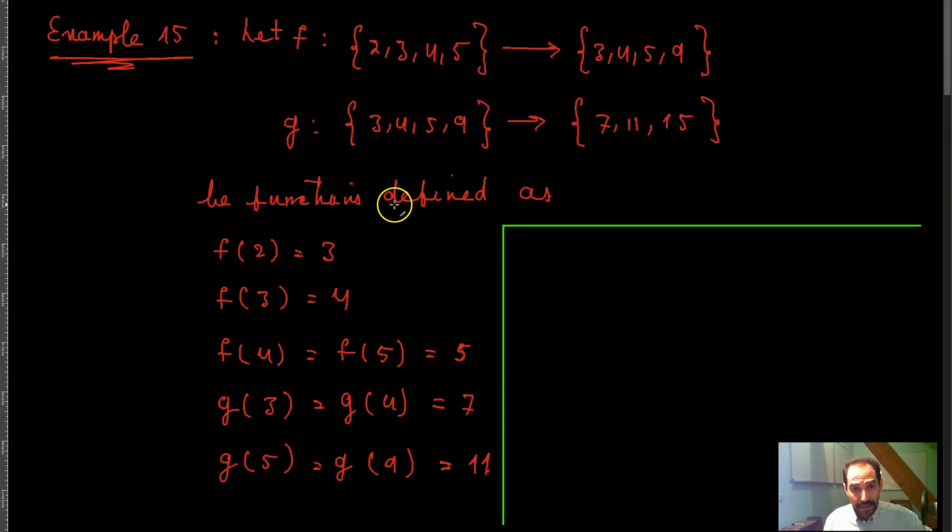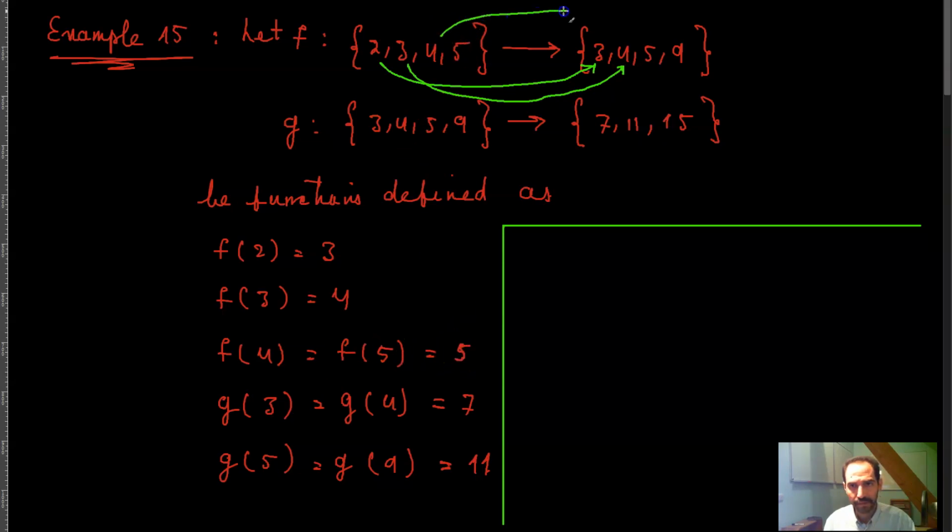So as you can see, 2 is being mapped to 3 here. And 3 is being mapped to 4 here. And 4 and 5 are both being mapped to 5.